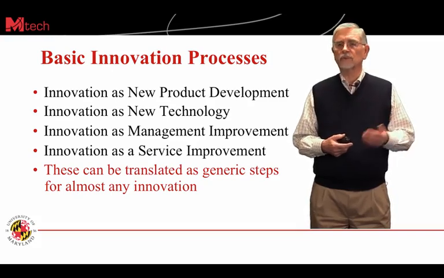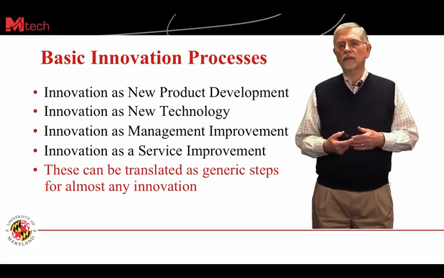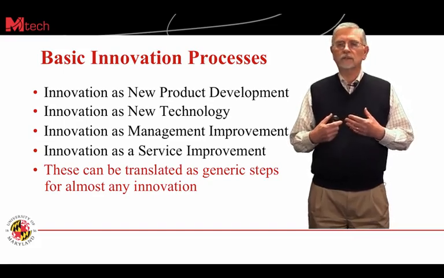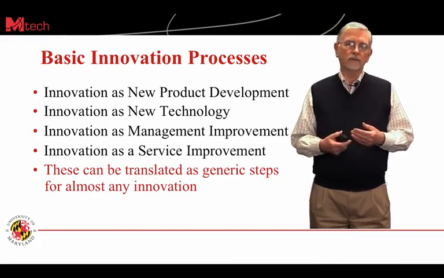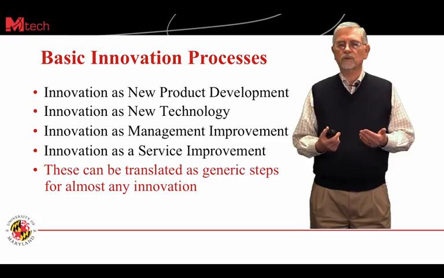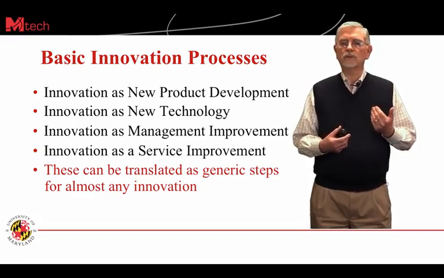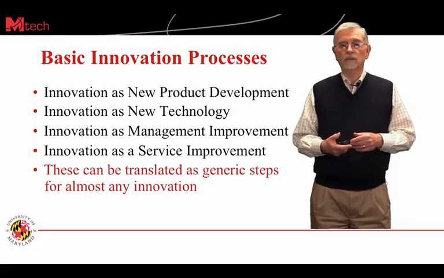That's a process improvement that happens in organizations. And we can also look at innovation as a service improvement. This is a soft offering of organizations that is provided to customers in the form of a service. And what we are going to look at is ways in which each of these forms of innovation can be translated as a series of generic steps. So let's start.